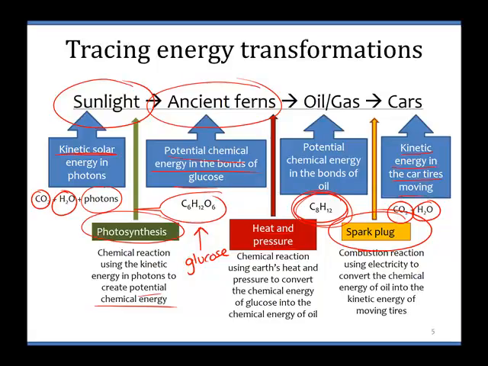But our engine also gets hot too. So entropy always has its due, right? Almost every time you convert energy, you will produce heat as a result. So along with your car tires moving, your car engine will get hot as a result of converting the chemical potential energy in oil or gasoline to the kinetic energy of movement.